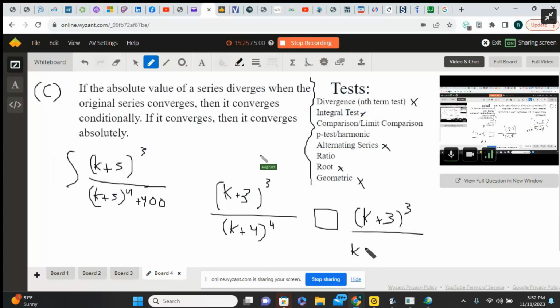Now I'm going to add the 400 with it, plus 400.